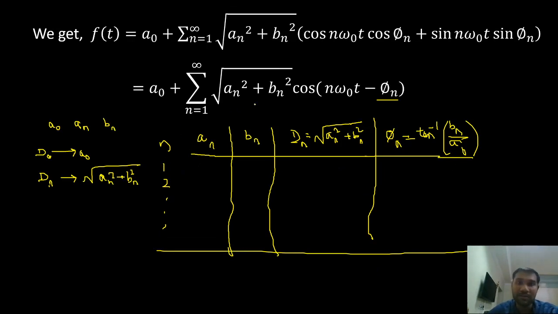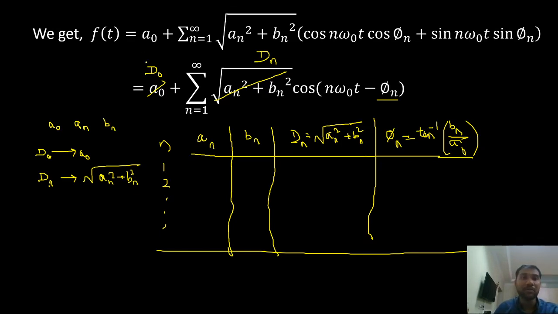Finally, I'll substitute the values in this formula. This is nothing but my dn, and this is my d naught. This is how I will find my cosine series.